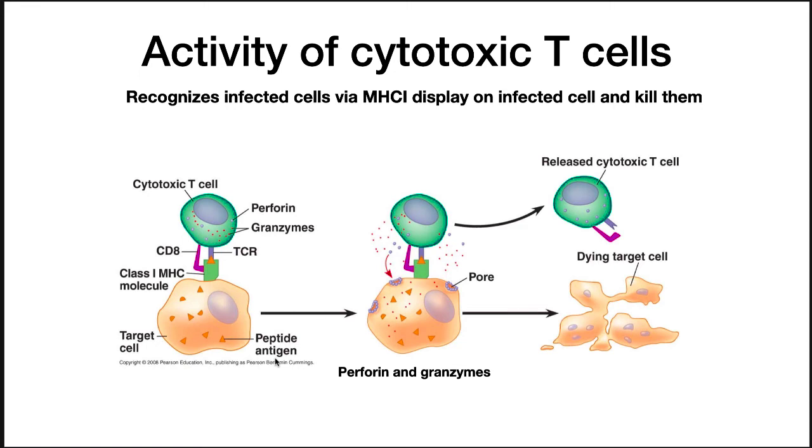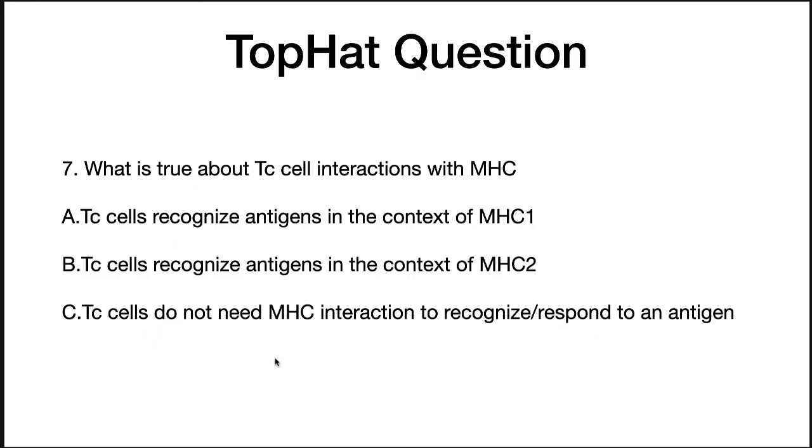You've now punched holes in these cells that are under attack, and then the granzymes, or serine proteases, activate nucleases and caspases in the target cell, further encouraging apoptosis. The combination of these two reactions will kill the target cell. And remember, this target cell is under attack because it contains foreign antigens. For example, if a virus is infecting this cell, the T cell will come by and kill that cell, thus eliminating the virus.